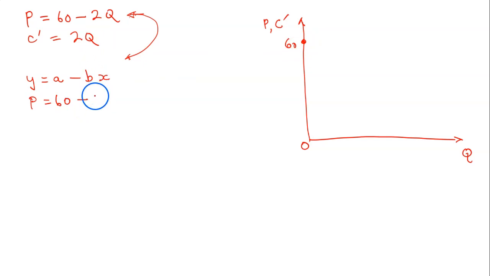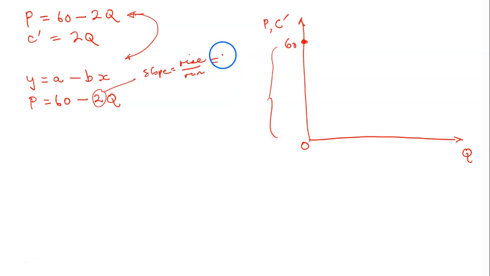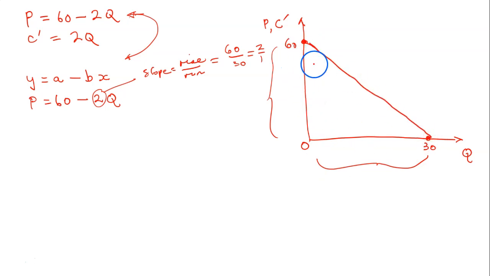The slope is negative 2, or 2 over 1, downward sloping, multiplied by Q. The slope is the rise over the run, and the rise is 60, so what must the run be for this to equal 2 over 1? The run has to be half that, so it's got to be 30. Then we just join the dots, and there's our demand curve.